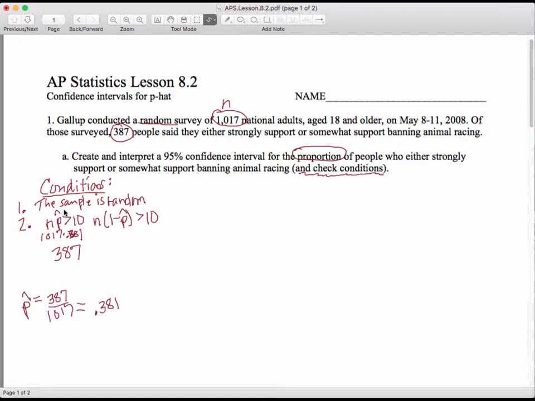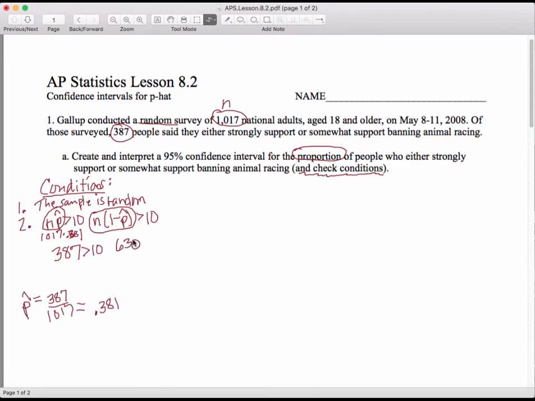So it turns out these conditions now take on a different meaning. N times p-hat is going to be the number of people that said yes to whatever the survey was. So clearly 387 is greater than 10, and then this calculation is going to turn out to be the number of people that said no. So if you take 387 from 1,017, you're going to get 630.